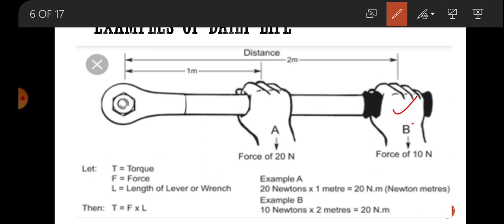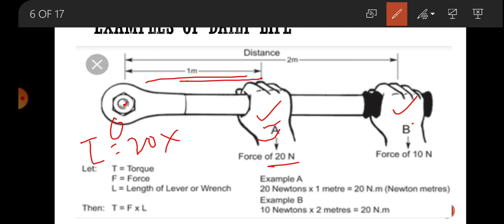The first force is applied at point B, then another is applied at point A. This is a screw, so it will rotate about this point, say O. The force we applied at A is at a distance of 1 meter from O, and the force is 20 Newton. So you can see that the torque generated by this force A is equal to 20 into the perpendicular distance, which is 1. That is 20 Newton meter.